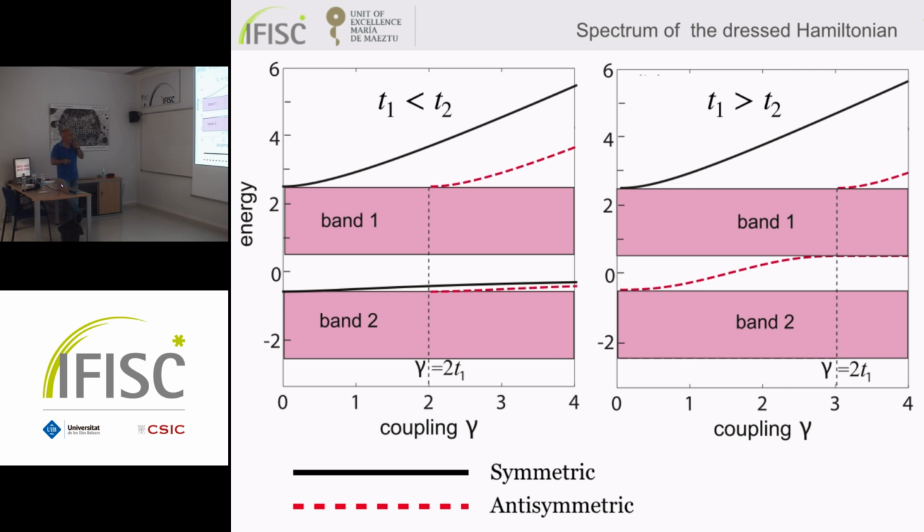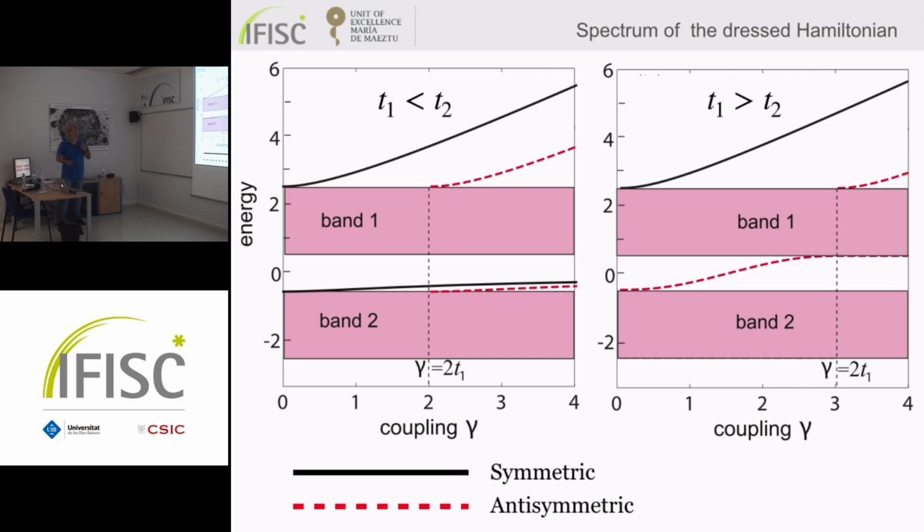So these antisymmetric states are here, and here, and here, and here. If you look at this picture, you know that in one of the phases, you always have two black states, symmetric states, and here you have only one. Here you have either 0 or 2 red states. Here you always have 1.